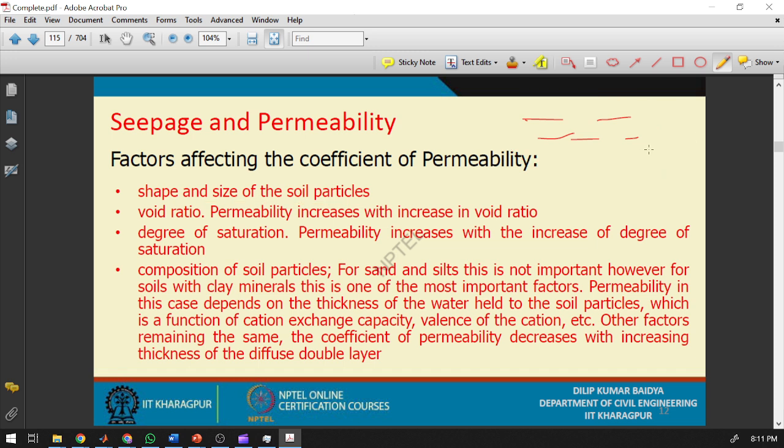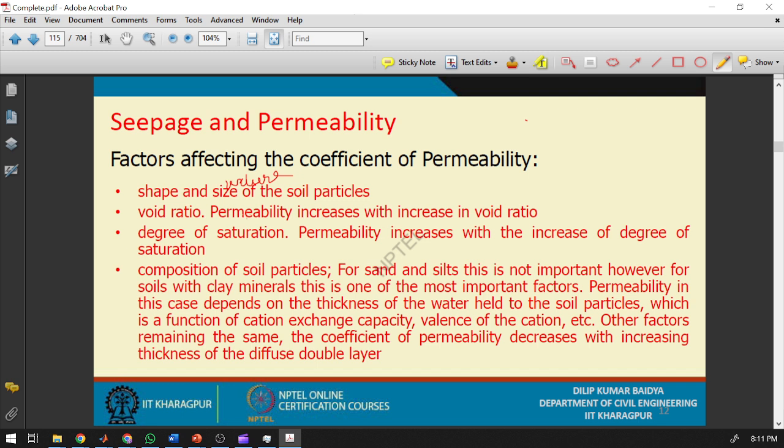It will depend upon the texture of the soil. It should have been written here as texture, because you can have a flocculated structure, you can have a dispersed structure. Flaky particles with a dispersed structure specifically will have lower permeability, while flocculated particles will have higher permeability.